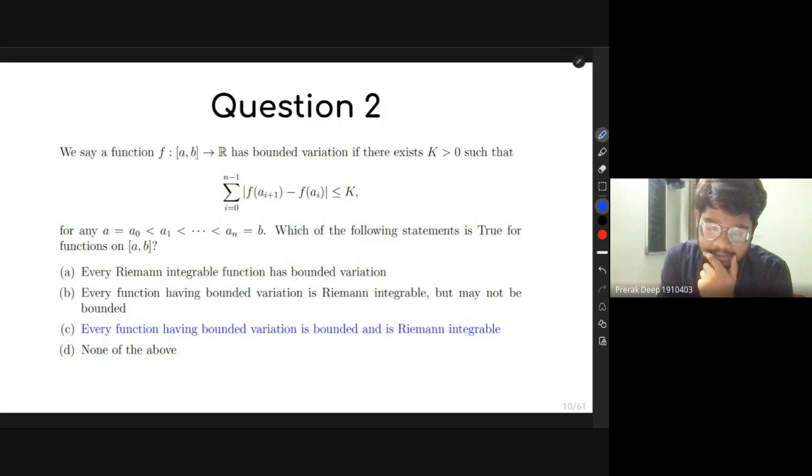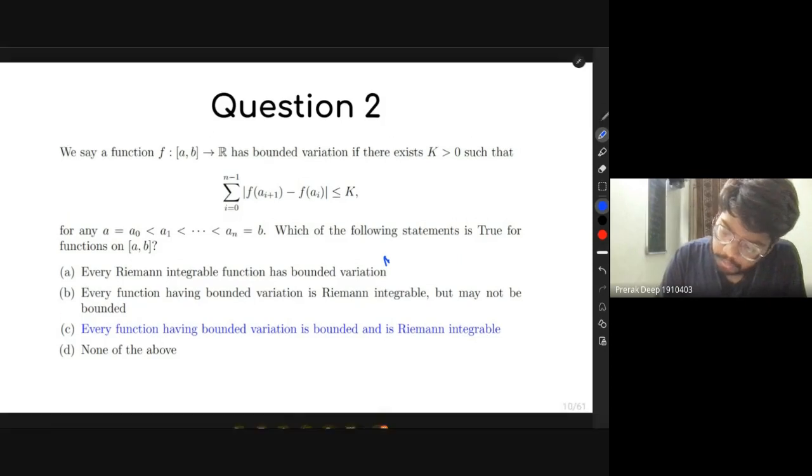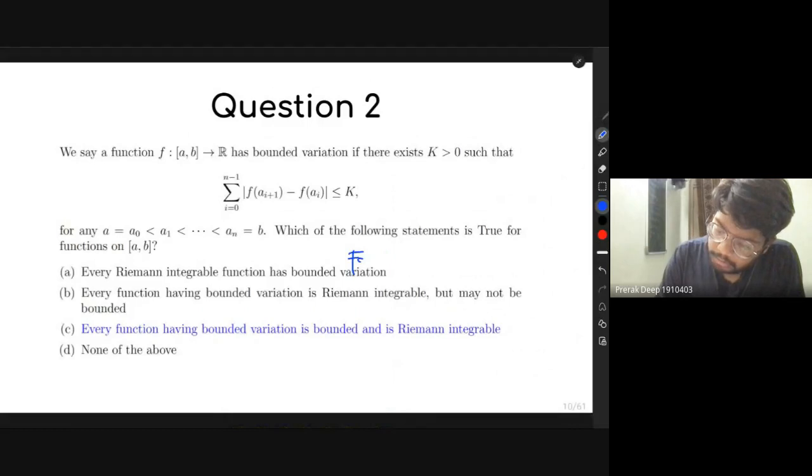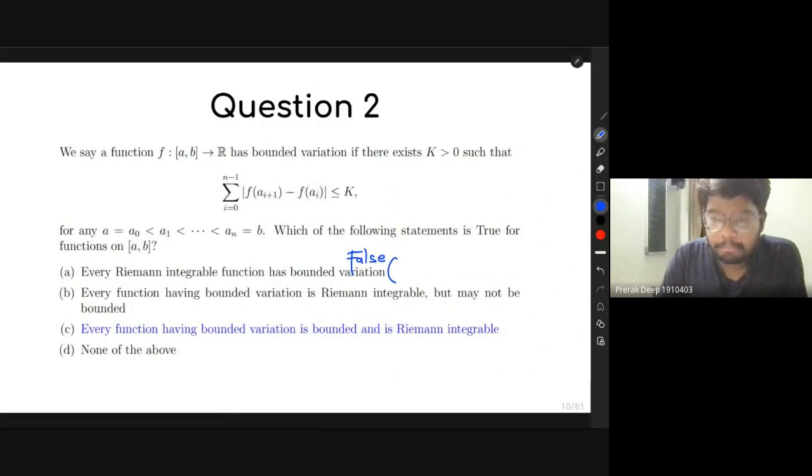So the first option says that every Riemann integrable function has bounded variation. So this is not true. This is false. You can find examples.